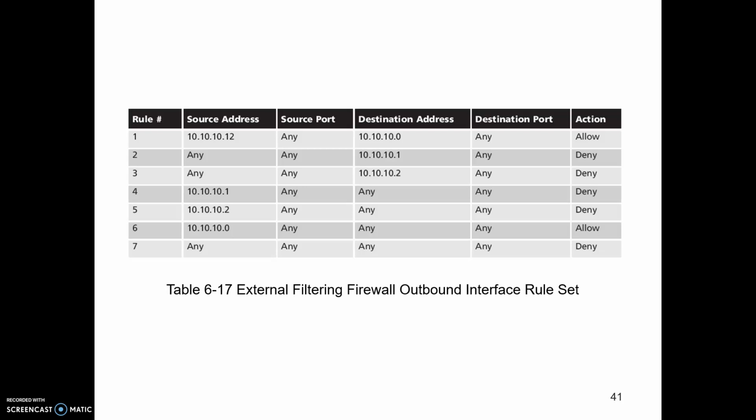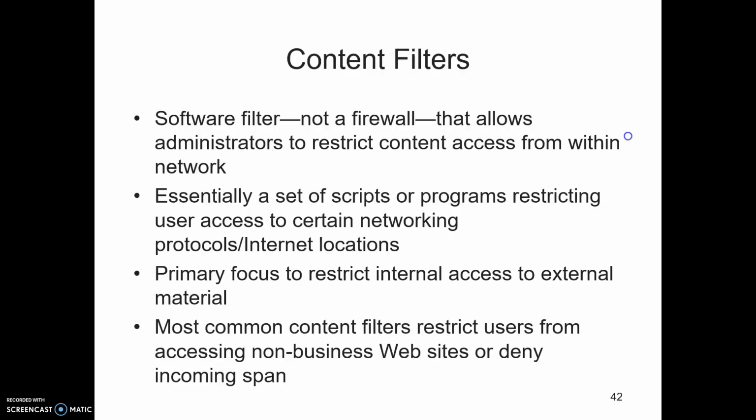Note that there are no ping and telnet rules in table 6.17. This is because the external firewall filters these external requests out. The last rule, rule number 8, provides the cleanup rule for the traffic.